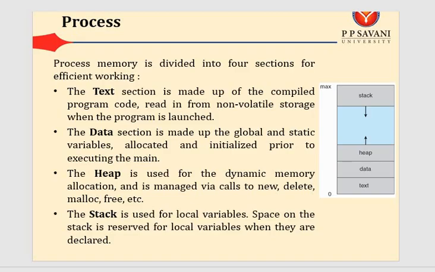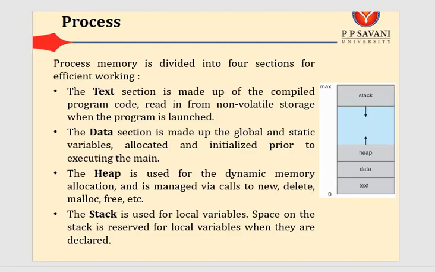First is the text section, made up of the compiled program code, read from non-volatile storage when the program is launched. Second one is the data section, made up of the global and static variables allocated and initialized prior to executing main.